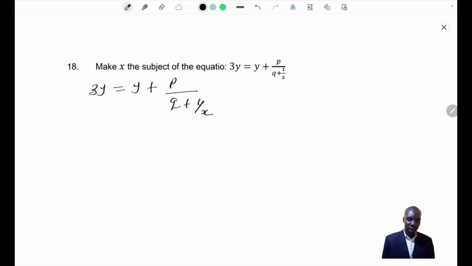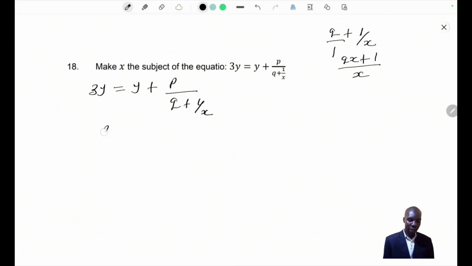If we have q plus 1 over x, we can get the LCM here, and the LCM is x. So x times q gives qx, plus x goes into x 1 time, 1 multiplied by 1, we'll have 1.